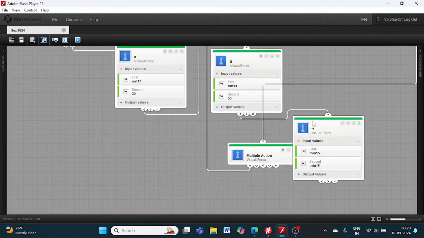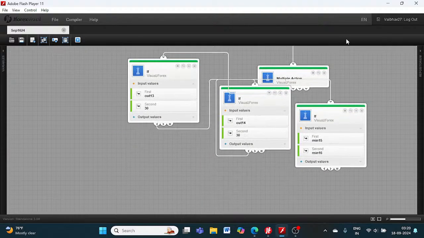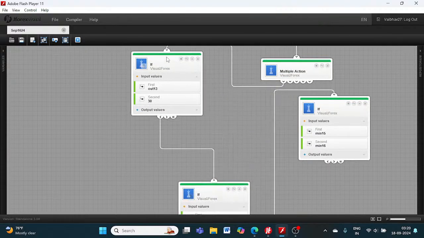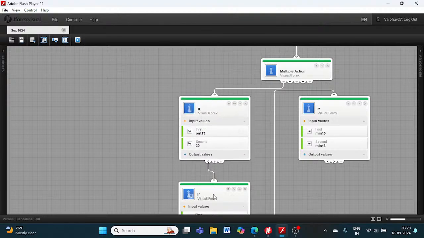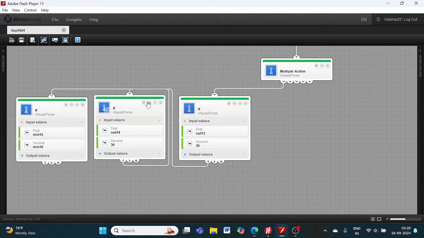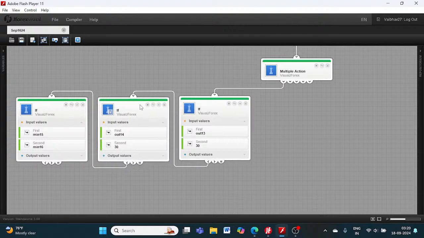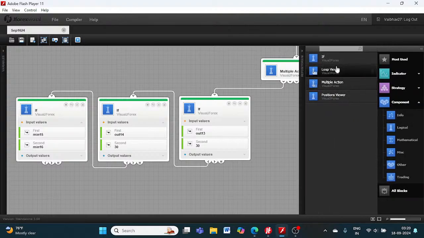Okay, then we go for the placement of the trade. We now bring in trade component of open at market.